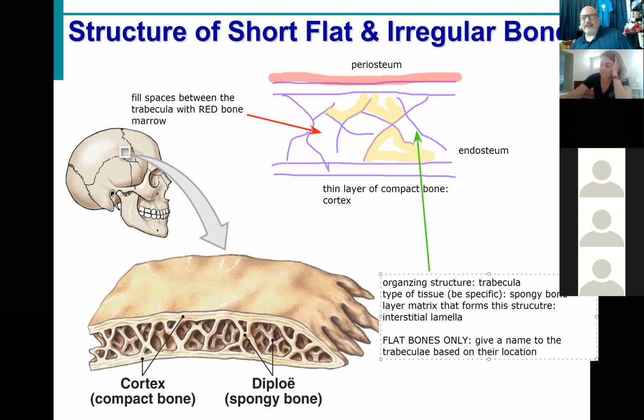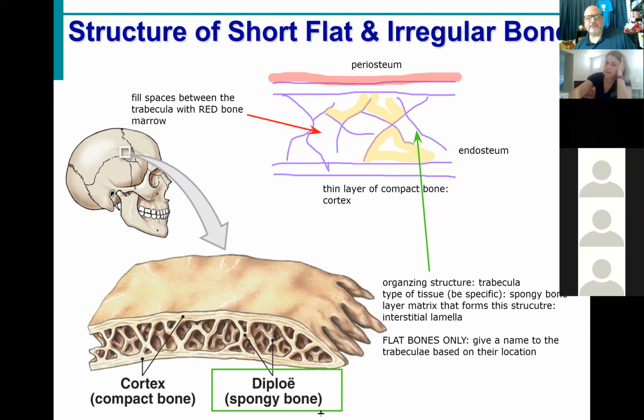And what do you think that locational name for the trabeculae found only in flat bones might be? I'll give you a hint. Diploe. Why they're diploe only in flat bones, I don't have a good answer for you.